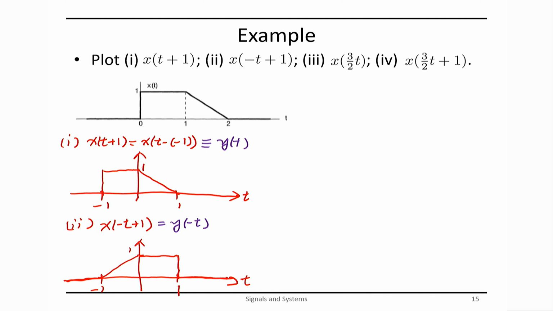So this is a rule of thumb here. From this example, you can see that to find this transformation, an easier way is to first find the time shift and then perform the time reversal. You can certainly do it the other way around, but the other way around gets a little bit tricky.